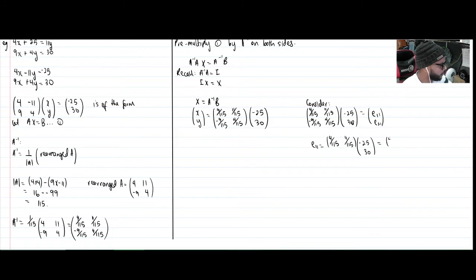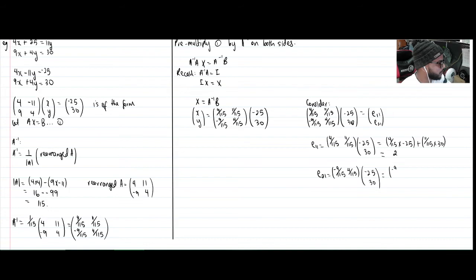So here we have 4 over 115 multiplied by negative 25 plus 11 over 115 multiplied by 30. We jump on the calculators and check. I get 2. For e21, second row, first column: minus 9 over 115, 4 over 115, multiplied by negative 25, 30.